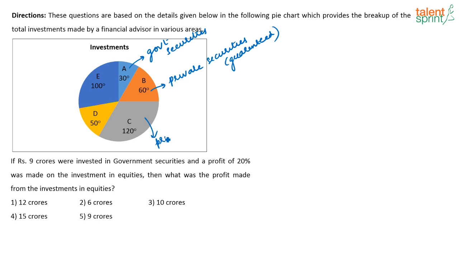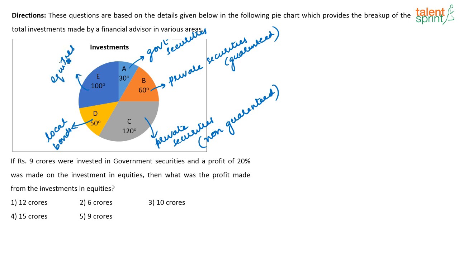This is private securities, non-guaranteed, and this one is local bonds. This is equities. Now take this and assume this and then solve the question. I think that was missed out in the slide.